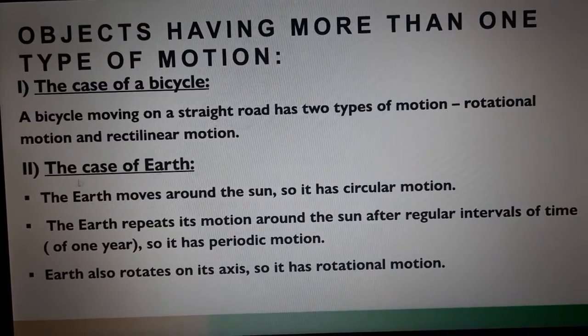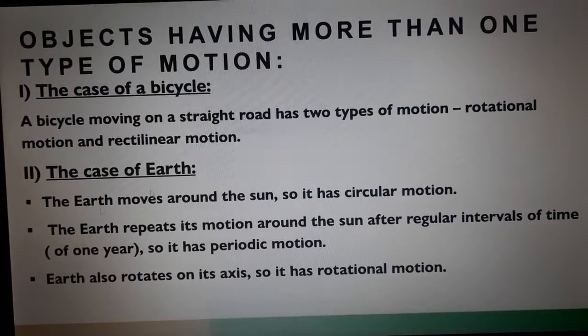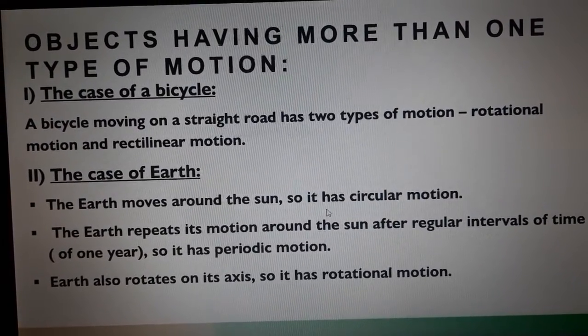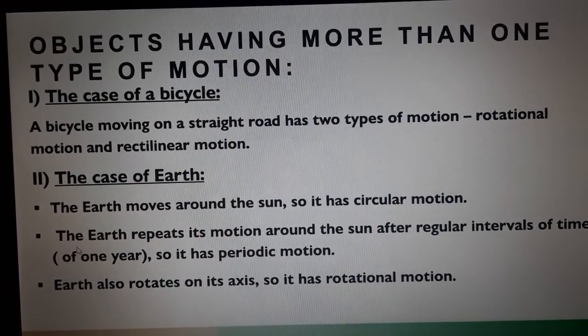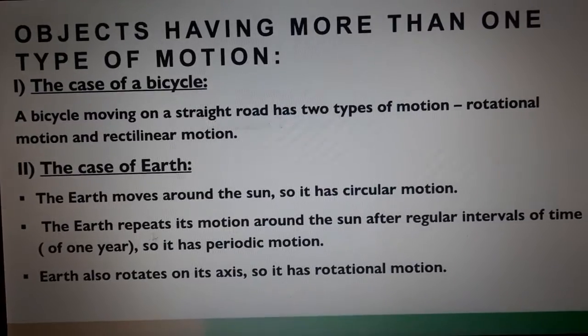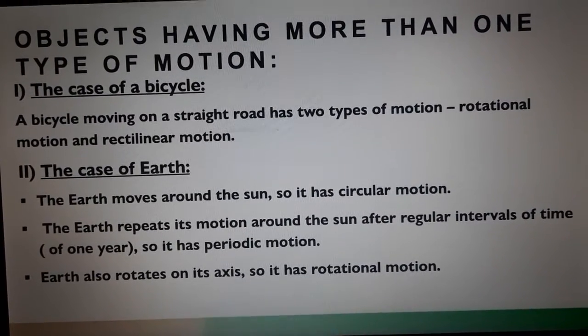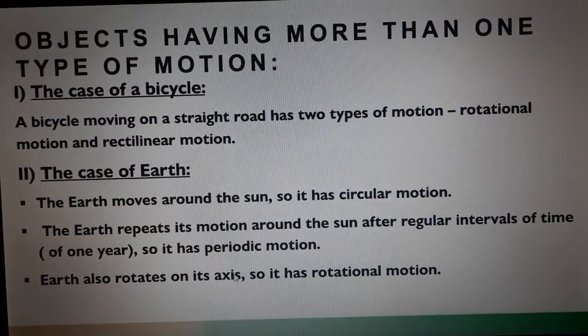The second one is the case of earth. So in the case of earth, the earth moves around the sun, so it has circular motion, the first type. The second is the earth repeats its motion around the sun after regular intervals of time, that is of 1 year, so it has a periodic motion.